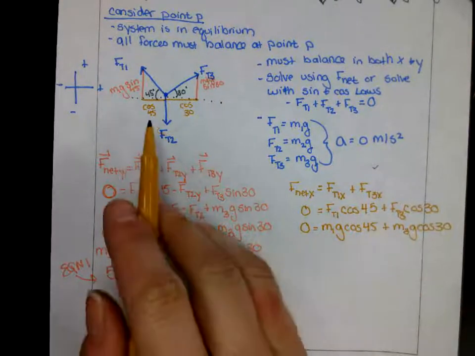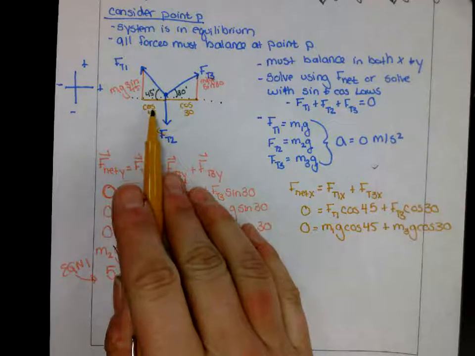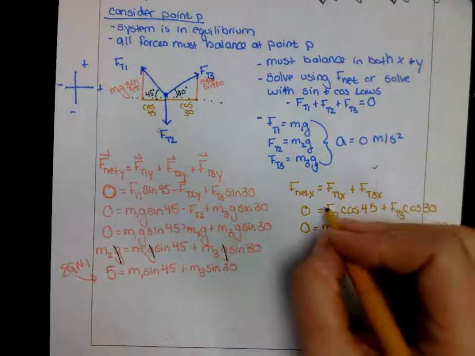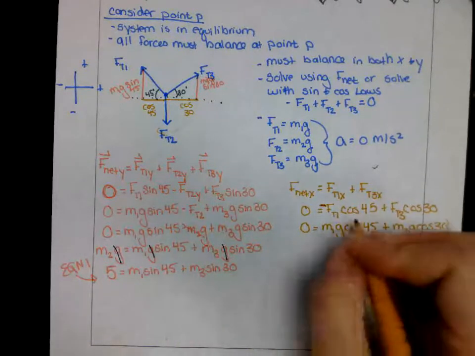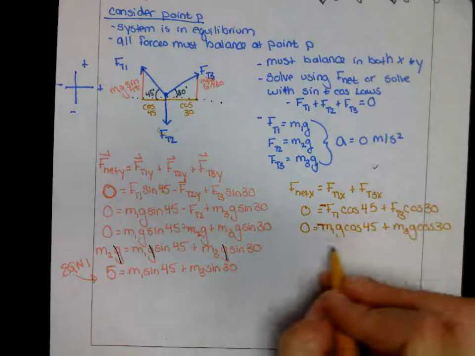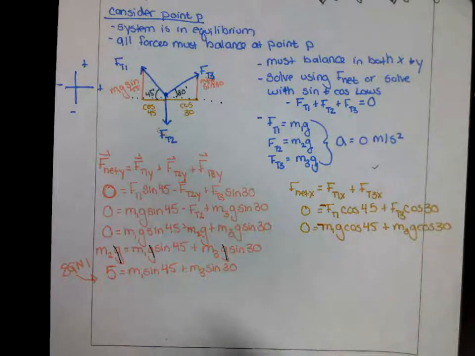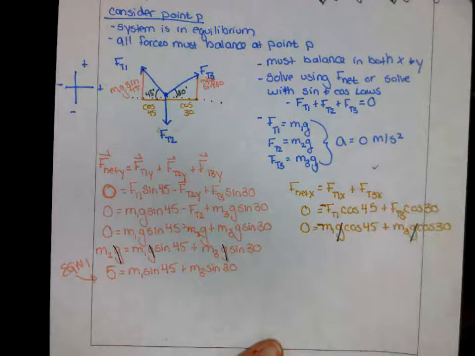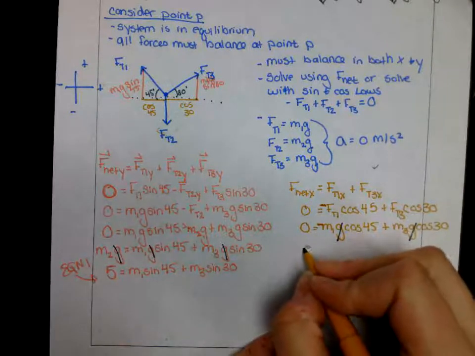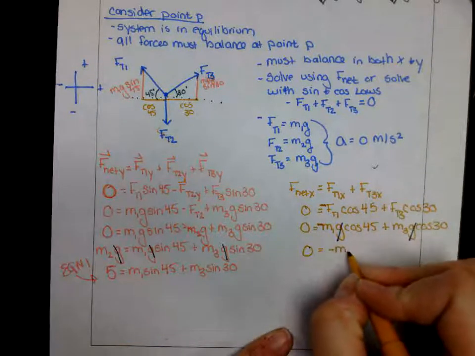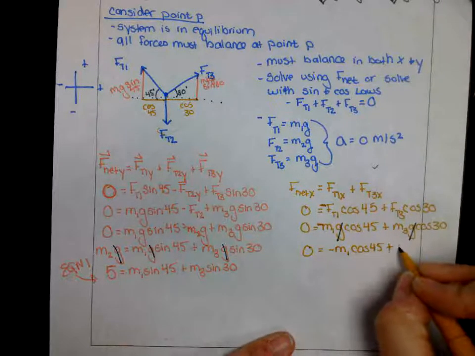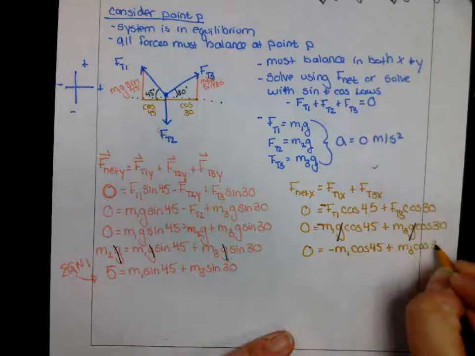When I did this, I didn't account for directions. So this force T1 cosine 45 is in the negative direction, so I need to make that negative here. That's going to also carry down here, so this is going to be negative. My gravities are going to cancel. So my final equation 2 is going to be 0 equals negative m1 cosine of 45 plus m3 cosine of 30.